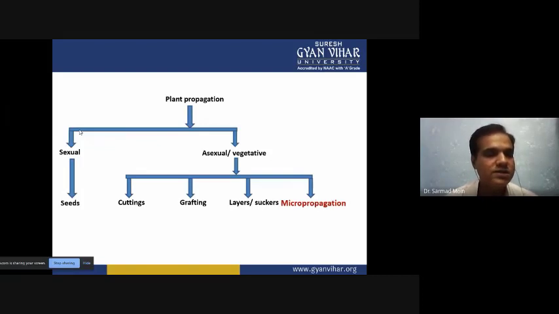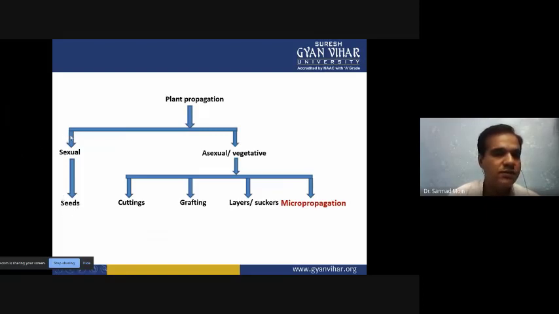These haploid cells can fertilize and produce the embryos, and these embryos mature into the seeds, and these seeds can germinate.